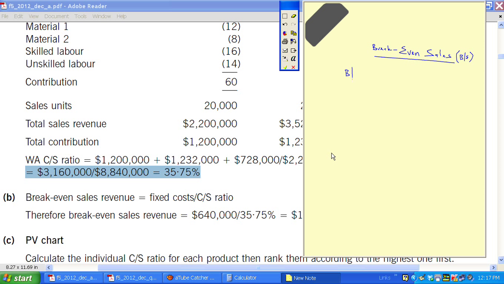So the formula for break-even for multiple products using contribution sales ratio is simply fixed costs, divided by CS ratio. Remember, we are looking at the weighted CS ratio.